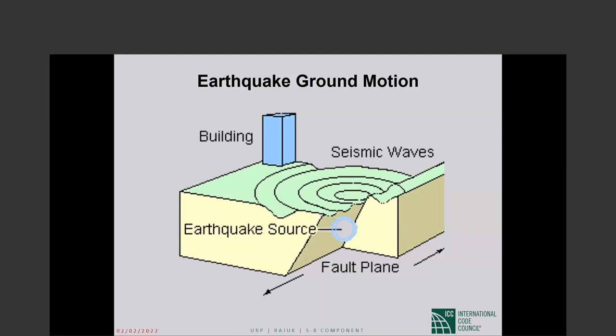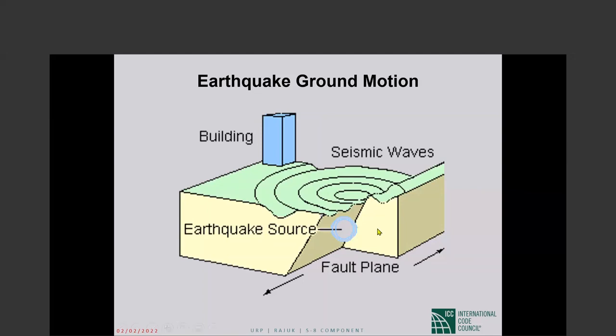So you hear about the epicenter of an earthquake. It is always on the surface of the earth. The focus, on the other hand, is down below. There are shallow focus earthquakes, there are deep focus earthquakes. Shallow focus earthquakes, much more common, are much less devastating. The deep focus earthquakes, much less common, can have absolutely devastating effects.